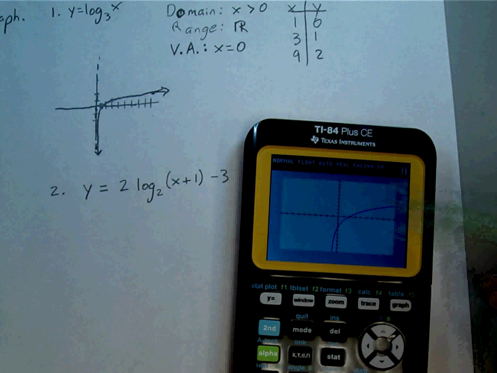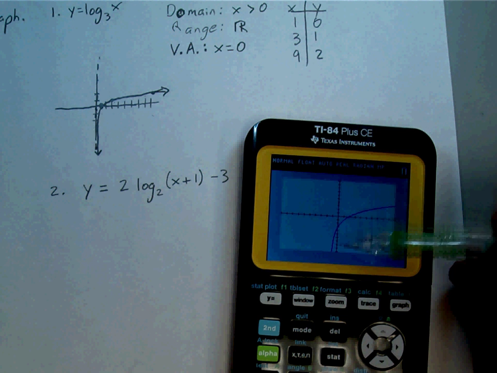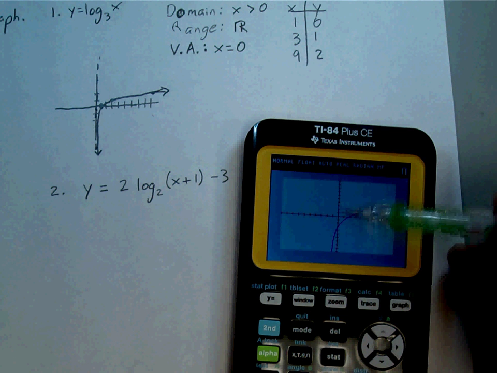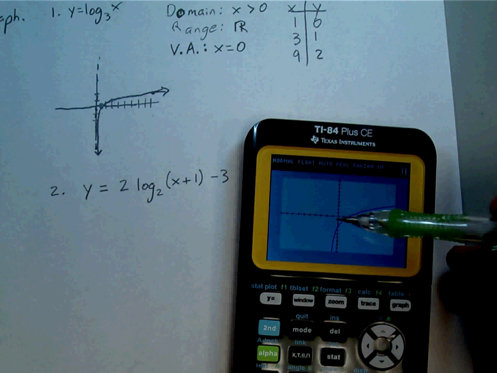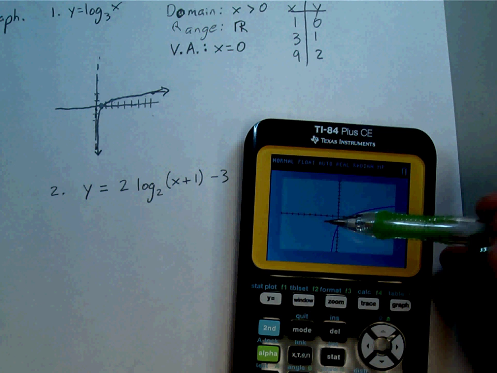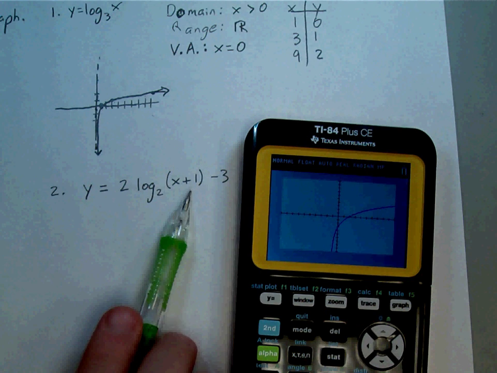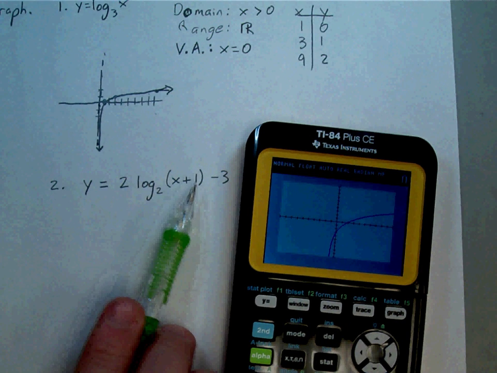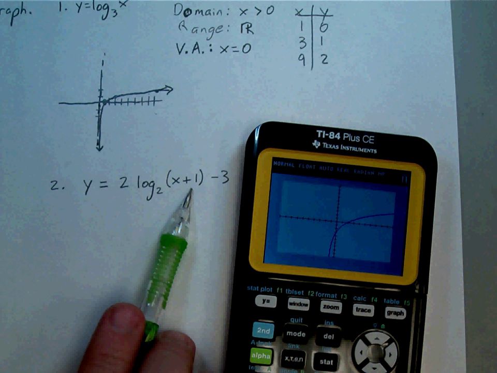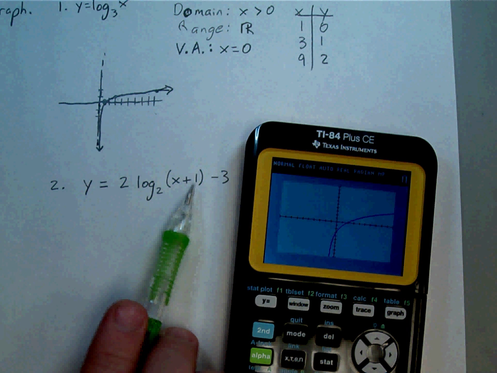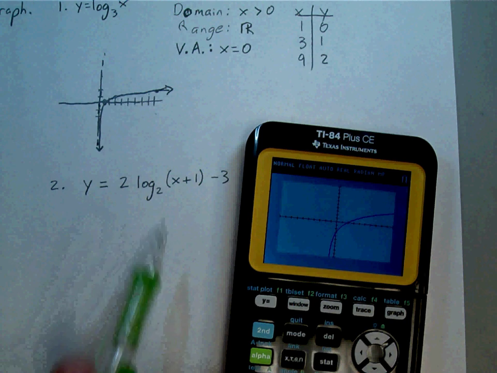And I can see right away my vertical asymptote must not be at 0 because it goes past 0. So it got shifted. It looks like it's over here further to the left. Well, this h value, the number in the parentheses, we call it the h, shifts it left and right, and it goes the opposite direction, just like it did with exponential.